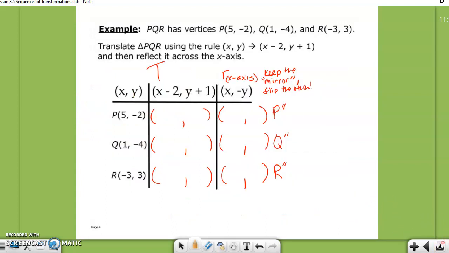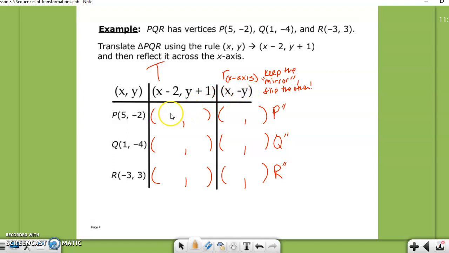Let's do one last example here. This one I don't even have the graph. I'm just going to follow the rules. I'm going to translate. I'm going to subtract 2 from every x and add 1 to every y. So this is my translation rule, setting it up nicely in a chart. And then I'm going to reflect it across the x-axis, which means I keep my x, which is my mirror, and I'm going to flip the other one.